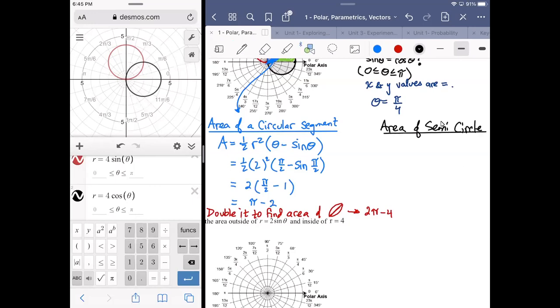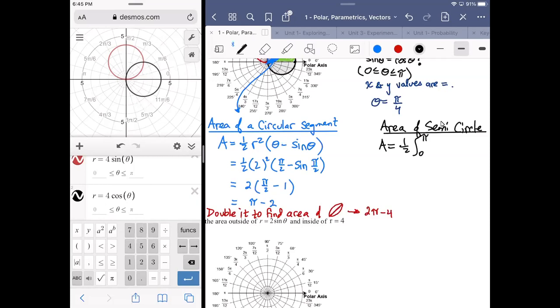One way would be to use the domain for the entire circle, find the area of the entire circle and then chop it in half. The other way would be to determine what the domain would be for just that top half of the circle. There's no way that's righter or wronger than the other. So I'm just going to use the area is equal to 1/2. We know that the domain goes from 0 to pi for the whole circle, but if I chop that area in half, I'm going to be good to go.